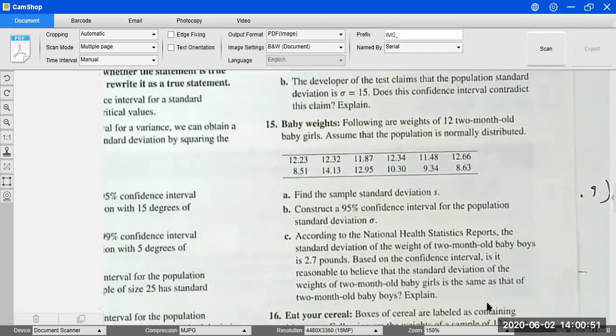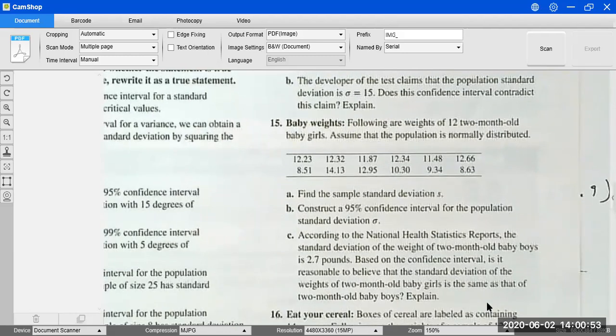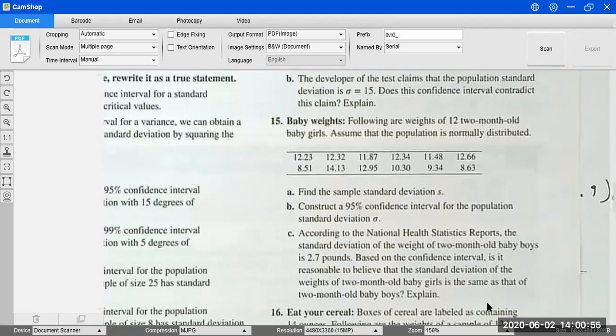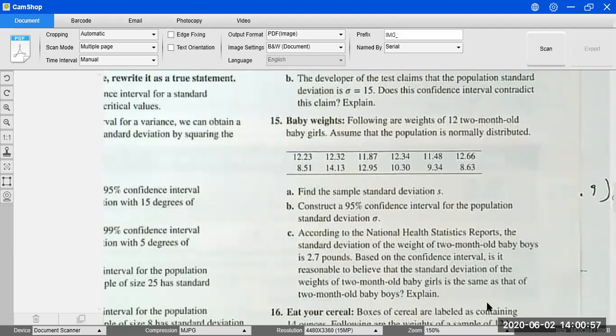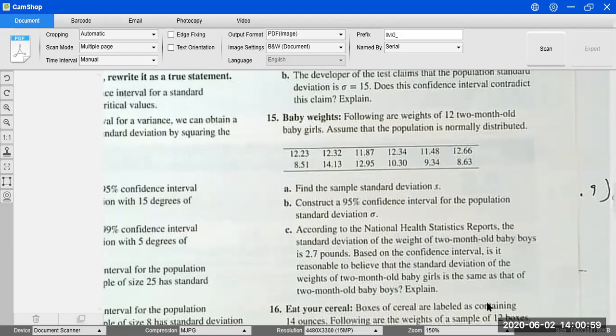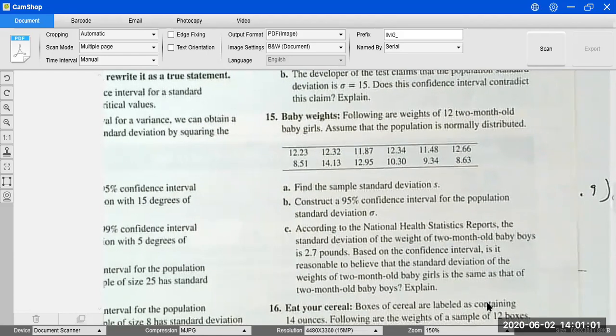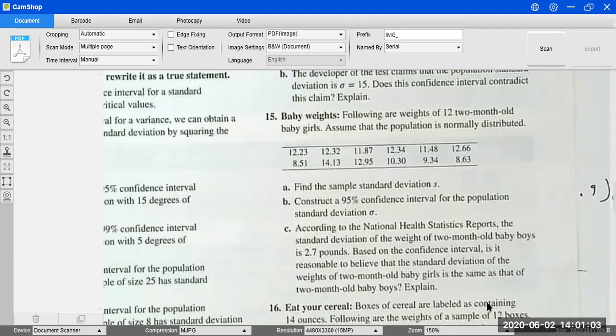So now you're given a data set. You're going to assume that the population is normally distributed. So you need to enter the data set first into R and compute the standard deviation or the variance. Even though they say that you're going to construct the confidence interval for the standard deviation, it would be good for you that you start constructing the confidence interval for the variance first, and then you take the square root of everything and you get the confidence interval for the standard deviation.